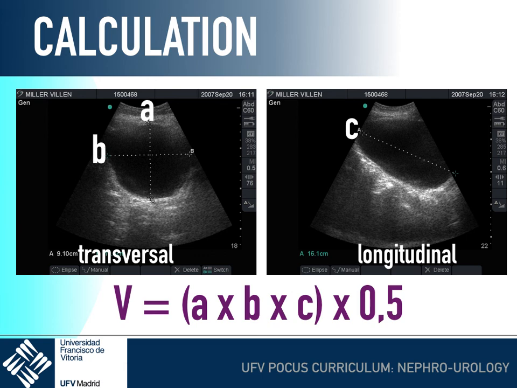On the right side of the screen, in the second picture, we are measuring the maximum diagonal from head to feet, which is the C measurement. So A times B times C times one half will give us a quantity in milliliters.